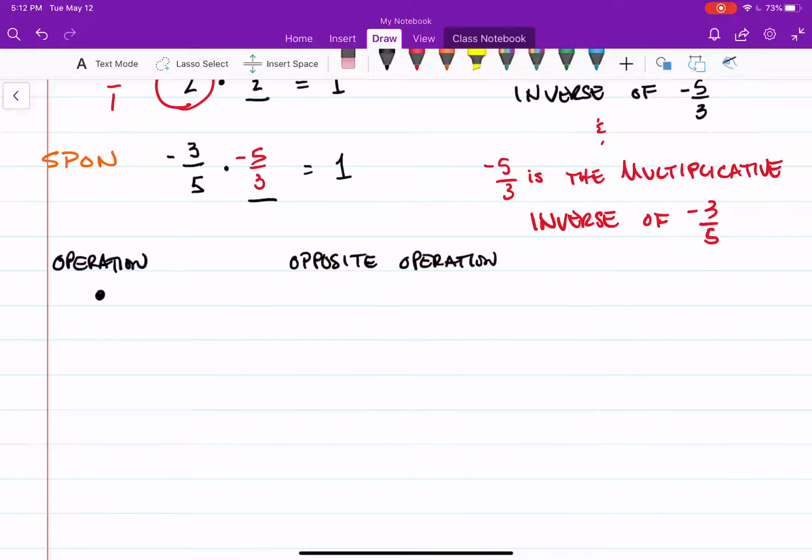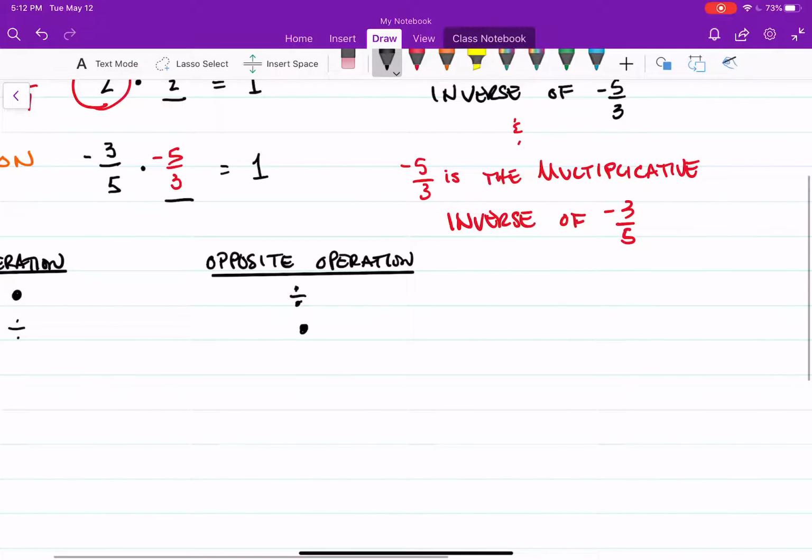And if I ask you what's the opposite operation of multiplication, you're going to tell me what? That's right, division, right? And the opposite operation of division is multiplication, okay?